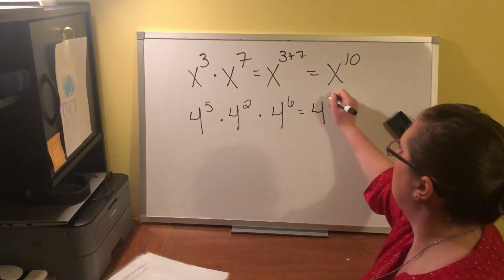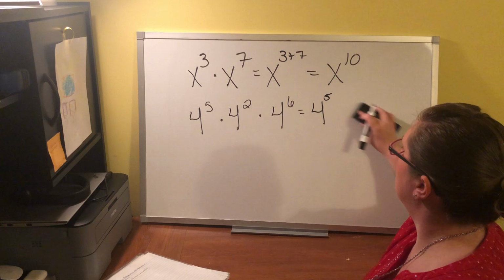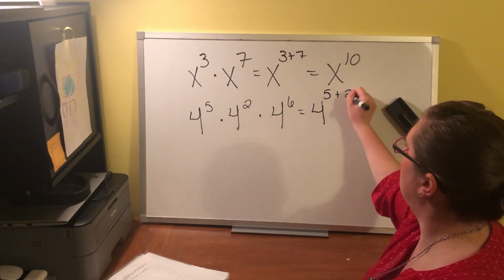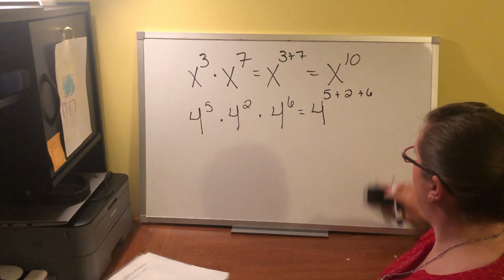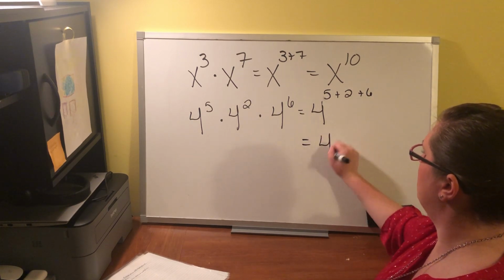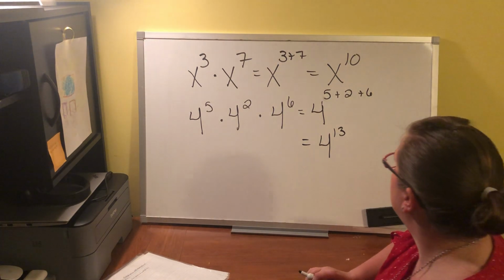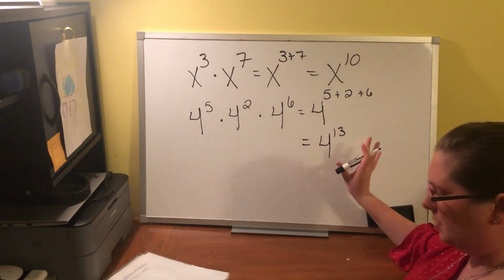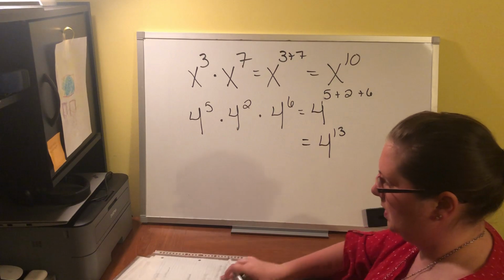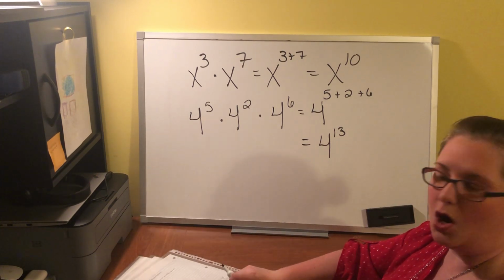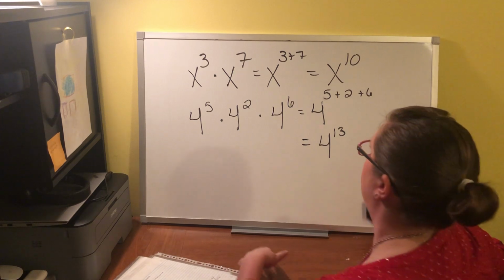Now we're going to add the exponents. 5 plus 2 plus 6. So that gives us 4 to the 13th power. Okay, and that's your final answer. Leave it as that. All right, so that is the product property. All right, we're going to move on to another one.